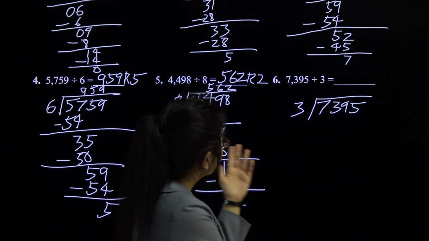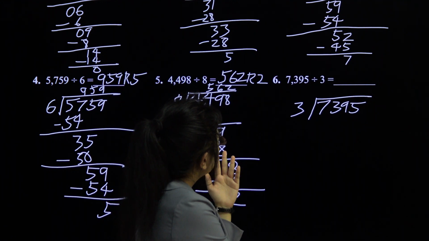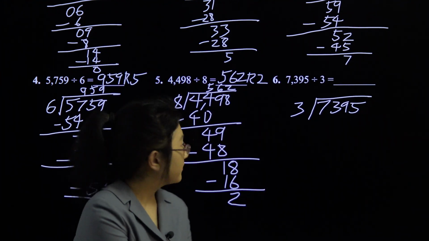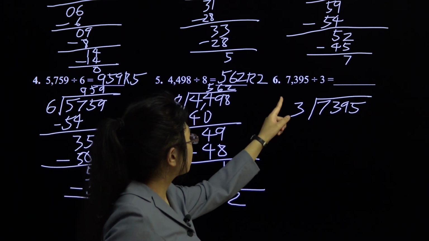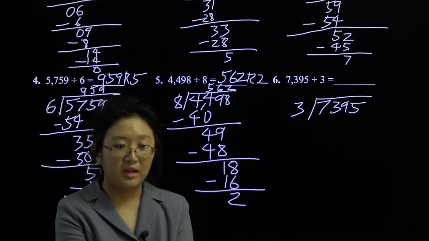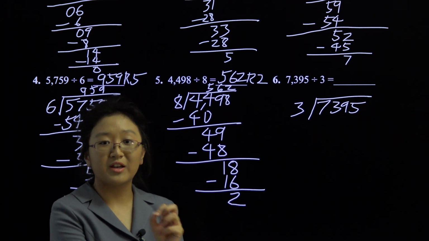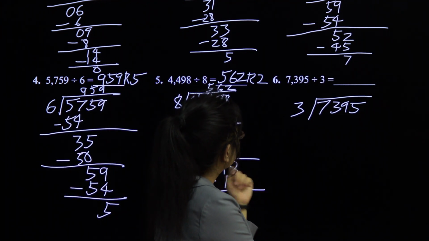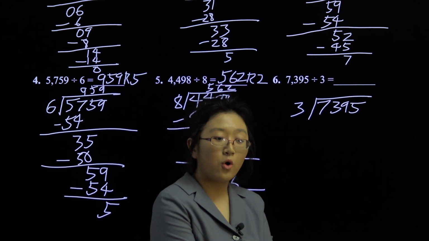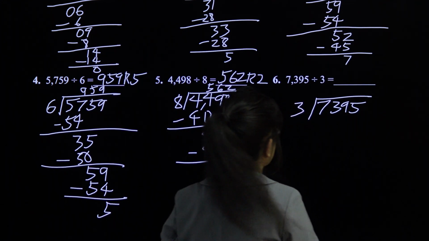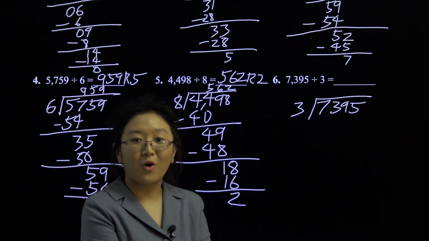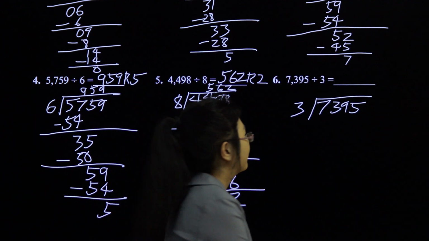Well, if the sum of all the digits, in this case, 7 plus 3 plus 9 plus 5, if the sum of all those digits is divisible by 3, then the number will be divisible by 3. In this case, 7 plus 3 plus 9 plus 5 is equal to 24. 24 is equal to 3 times 8. And if you want to know, 24: 2 plus 4 is 6. 6 is divisible by 3.